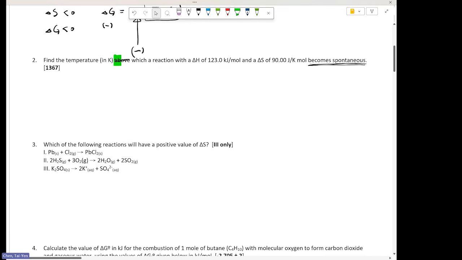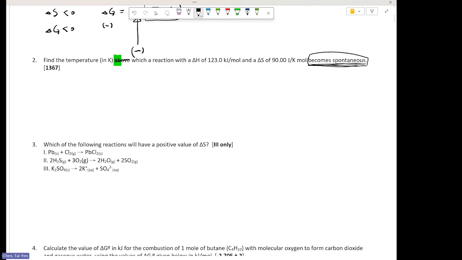It gives you delta S and delta H. For the temperature, we are going to see that this changes from non-spontaneous to spontaneous. I feel like this is also a keyword that you probably want to recognize: something is going to become spontaneous at a certain temperature.